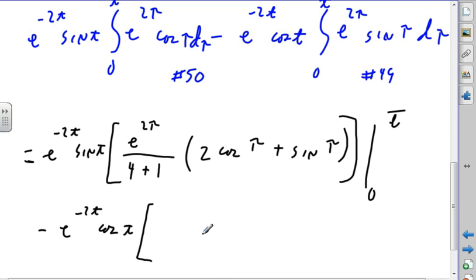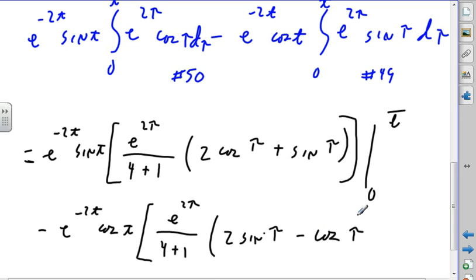And now we're looking at number 49 in my integration table. e to the 2 tau divided by 4 plus 1, which is going to be 5 again, times 2 sine t times sine tau minus cosine tau, evaluated at 0 and t.